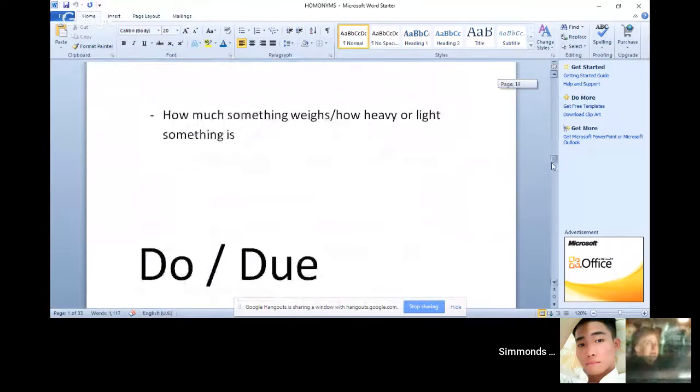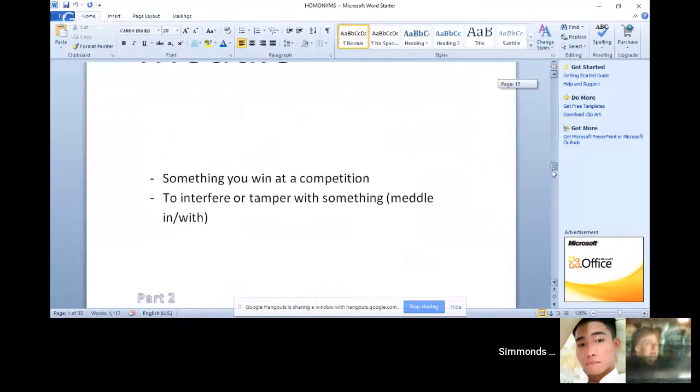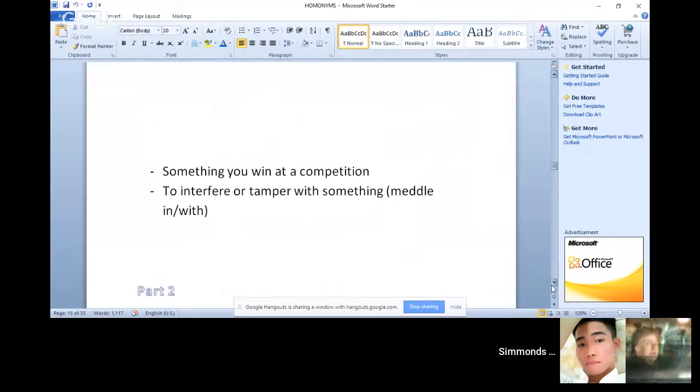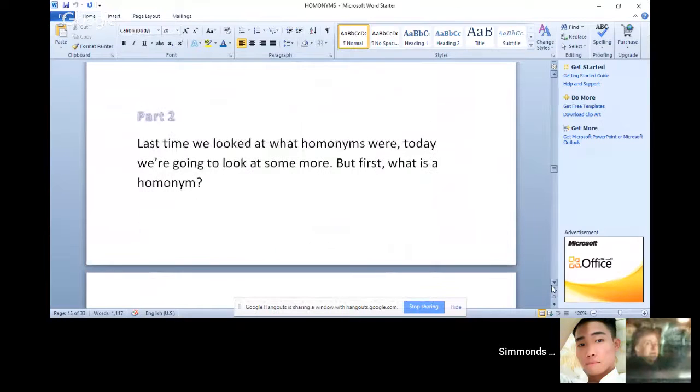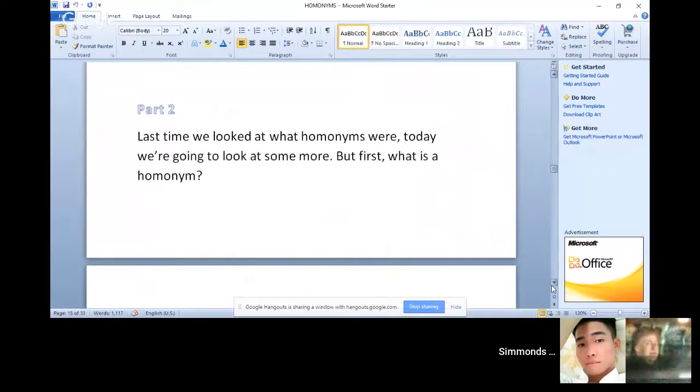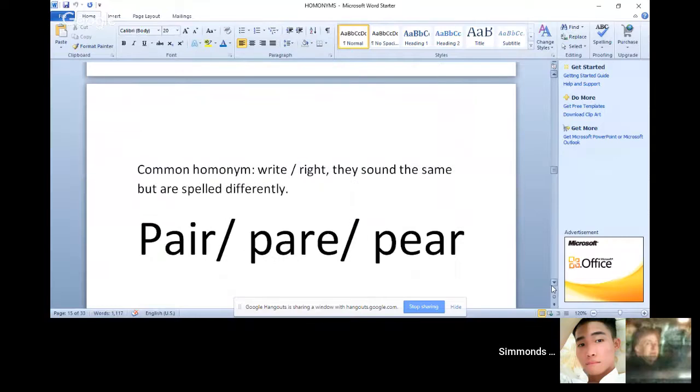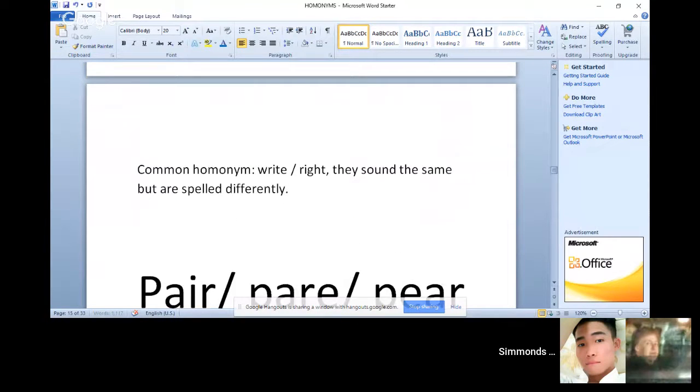So now I need to find where we left off. I think it's towards, here we go. So I'm just going to go down a little bit because I always seem to jump farther than I need to. So our first examples, oh yes, for example, a common homonym is right and right. They sound the same but are spelled differently, okay? And because of the context, we're going to know.